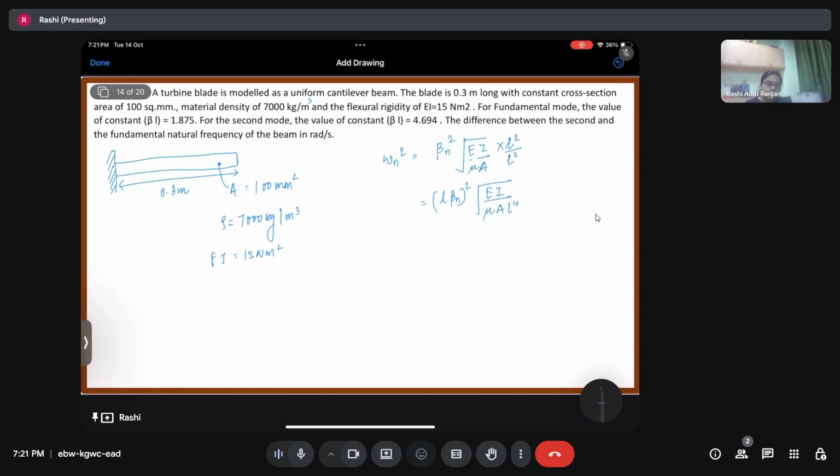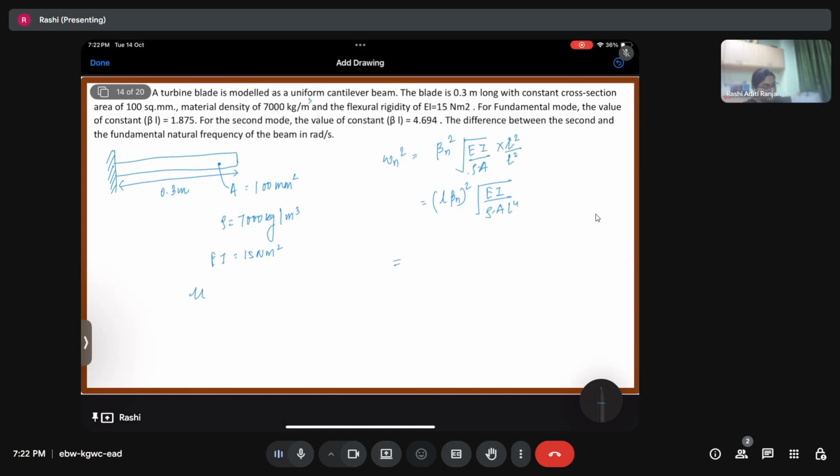Okay, so EI value we already know. Mu is what? Rho is fine, I guess. We just need to find out rho into A. It is going to give us mu only, right?